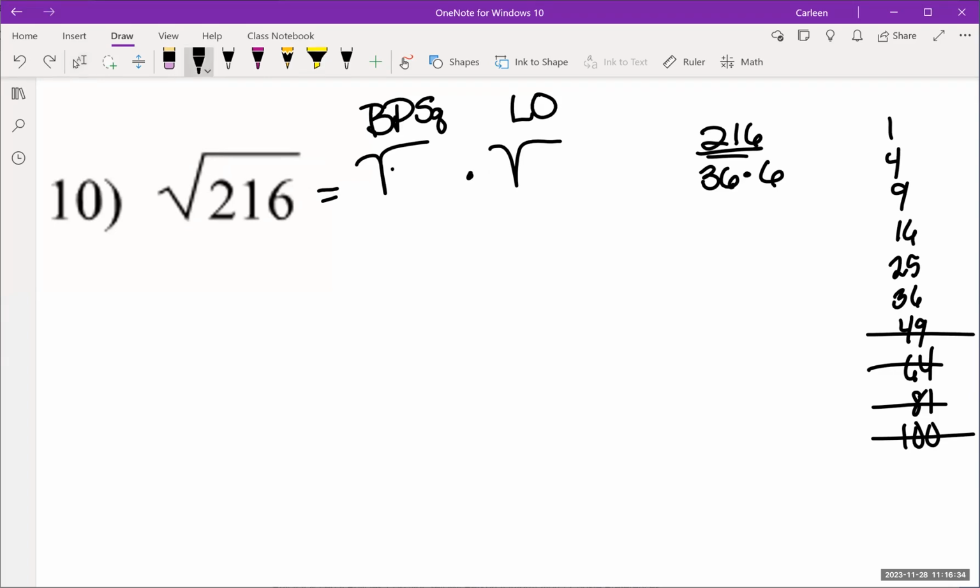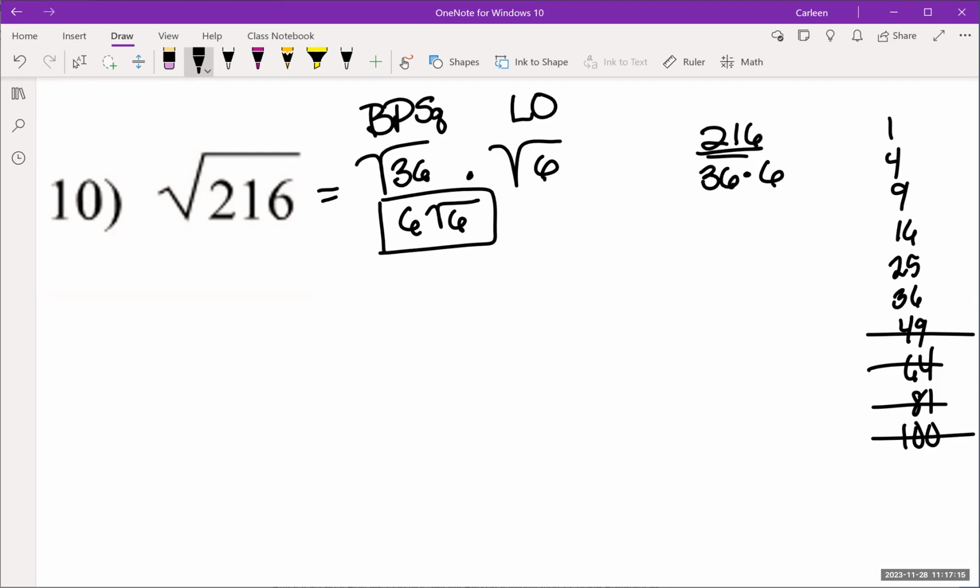So 36 is the biggest perfect square and 6 is the leftovers. Does everyone see how 36 is a perfect square? 6 is not a perfect square. The square root of 36 is 6. So I have an inside 6 and an outside 6. I like that method.